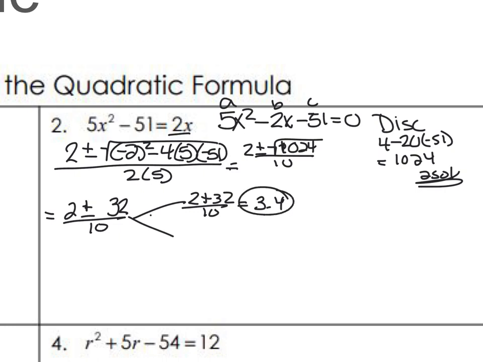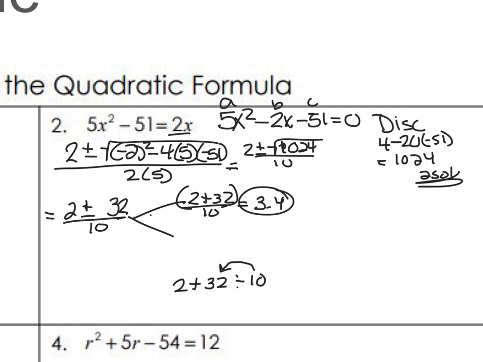And remember, when you put in your calculator, you're dividing this sum by 10. So you've got to put in your calculator 2 plus 32, hit enter, and then divide by 10. Because if you put in your calculator 2 plus 32 divided by 10, you're going to get the wrong answer, because if you put it that way, you're only dividing the 32.